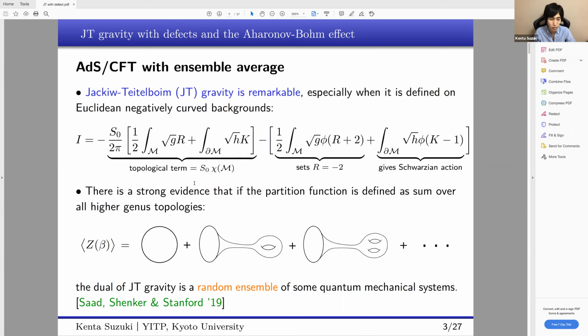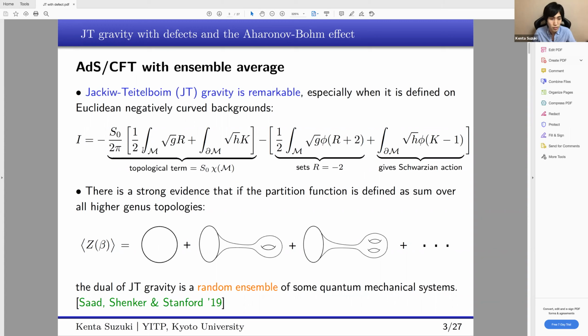So on shell, this part of the Einstein-Hilbert action just gives the Euler characteristic of the background manifold M. Just to clarify notation here, S_0 is just a large parameter which gives topological suppression when we later consider the topological expansion.